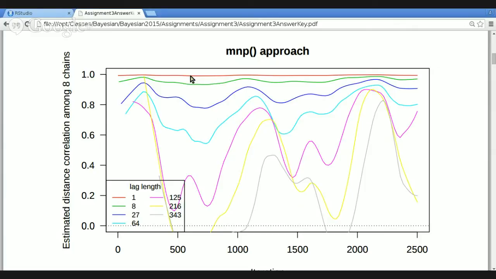And so we can see how the dependence declines for bigger lag lengths. The green corresponds to 8, blue corresponds to 27, light blue 64, etc. And we can see even if we go out 350 lags, we can't get the gray line to get close to 0 and stay close to 0.